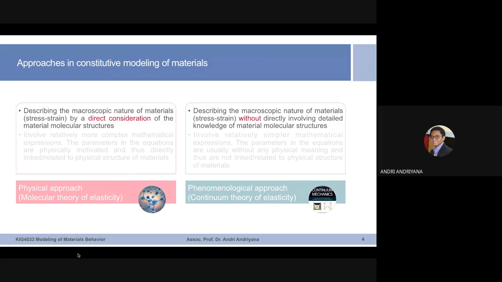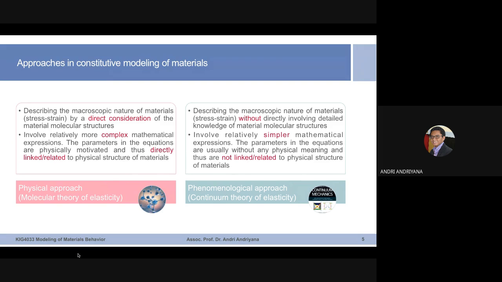So we look at the microstructure. In the phenomenological approach, we describe the macroscopic nature of materials, the stress strain characteristic, but without the need to directly involve detailed knowledge of the materials' molecular structure, as I mentioned. So what will be the consequence of these two different philosophies?